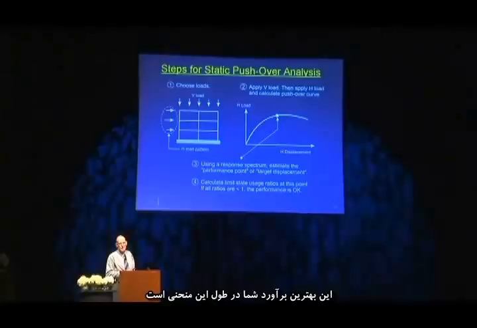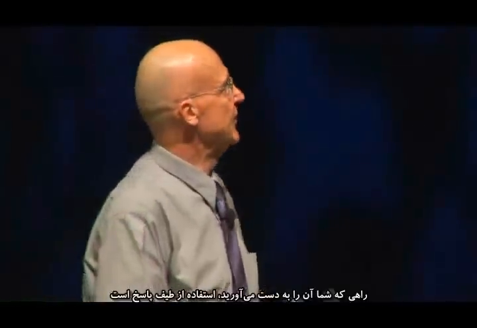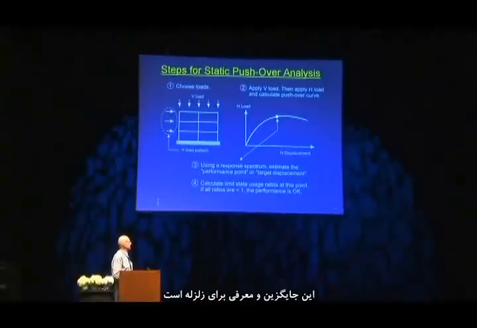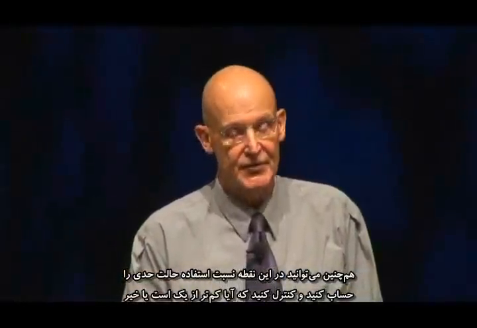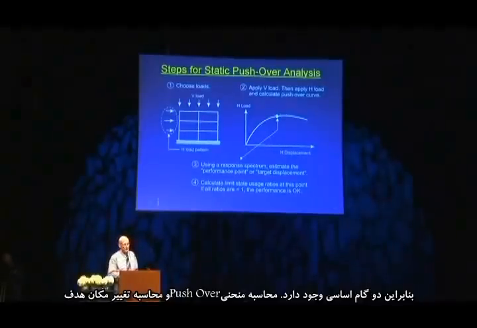This is your best estimate of whereabouts along this curve the deformations would correspond to an actual earthquake. The way you get this is using a response spectrum. This is the representation of the earthquake. At this point, you calculate the limit state usage ratios, and you check and see if they're less than 1. So two main steps: calculate the pushover curve and calculate the target displacement.